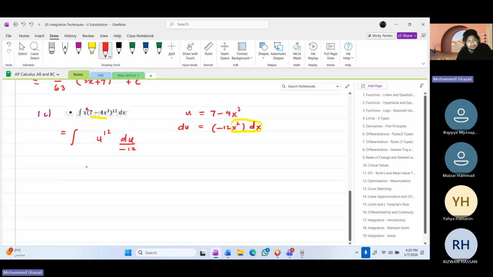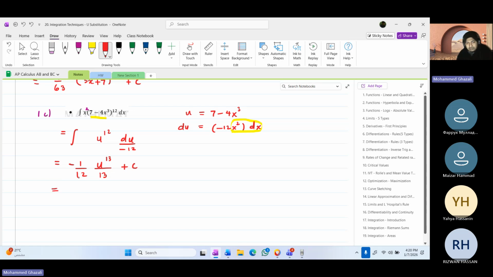Now we can solve this. You can see it always reduces to a power rule. So this integral, let's take out negative 1 over 12 out. That's u to the power 13 over 13 plus c.